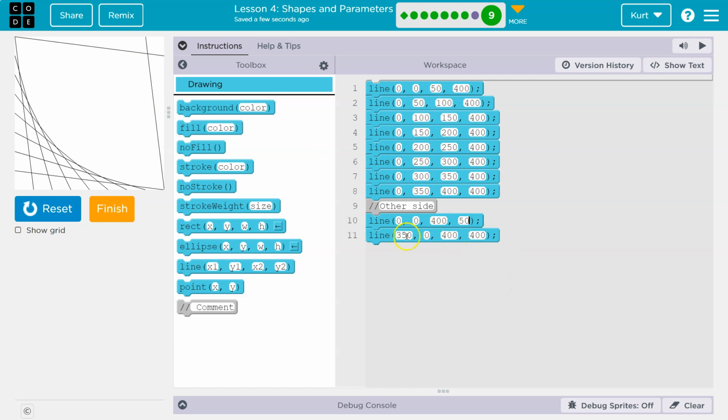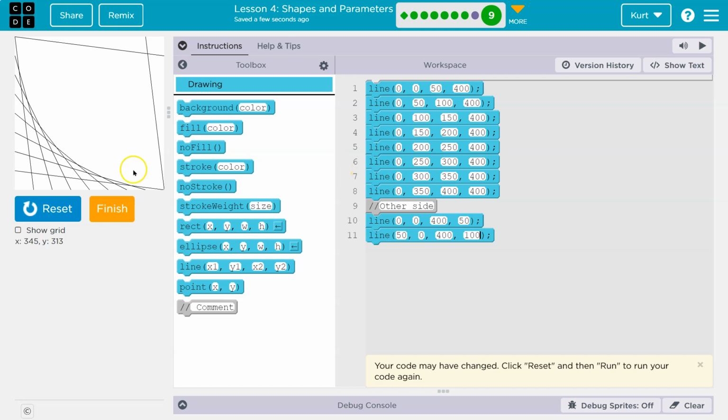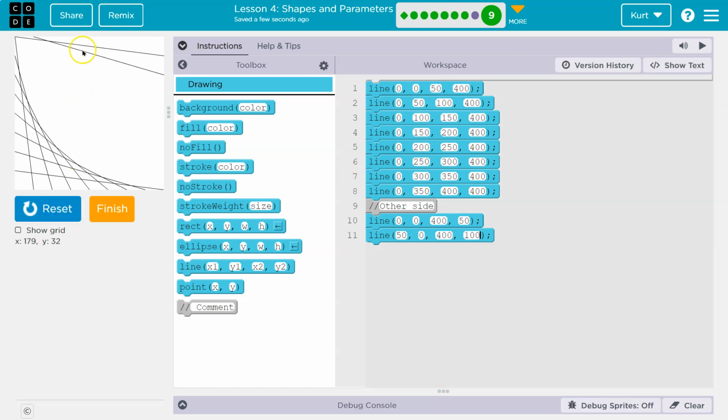So we're going to need to flip these points to reverse it, to flip the line to the other side. We want to mirror it. And to mirror it, you just need to flip the 2 points, and that will mirror it. So this should be 50, 0, and then 400, 100. Again, we're just flipping these points, and that should produce a mirror image of a line.